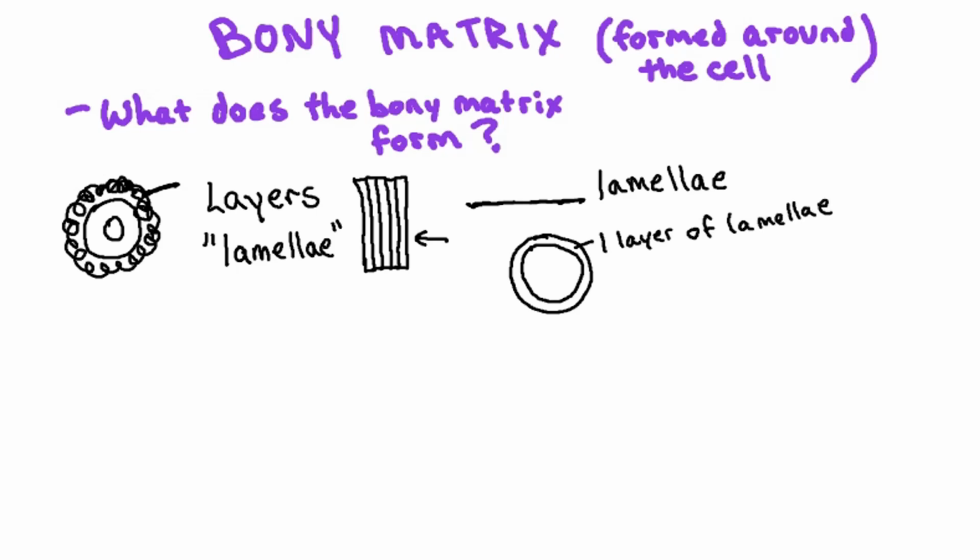But it doesn't normally just do one layer of lamella, it does several layers of lamella, these rings inside each other like this. So when they're rings inside of each other, making this big target-looking unit, these are called concentric lamella. And concentric just means circles inside of other circles.